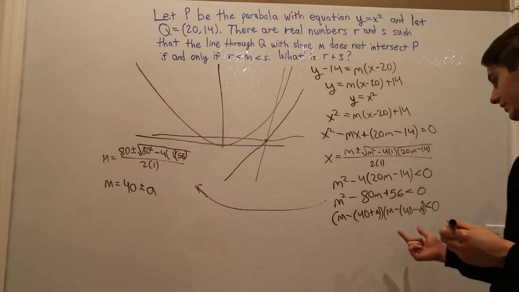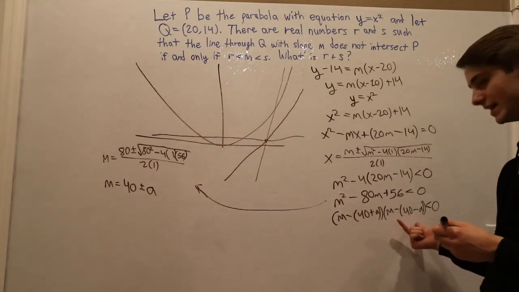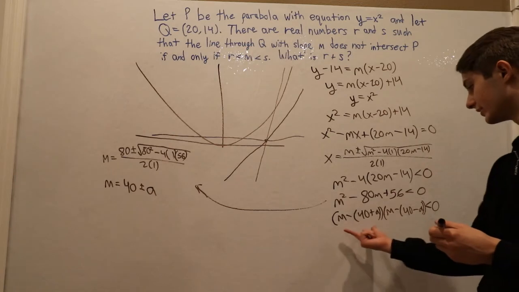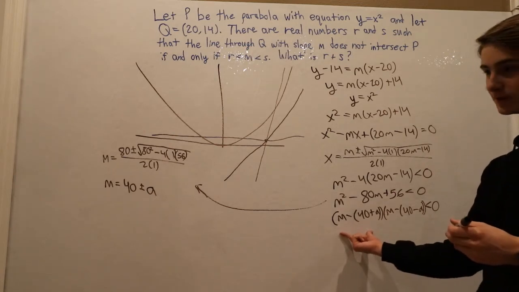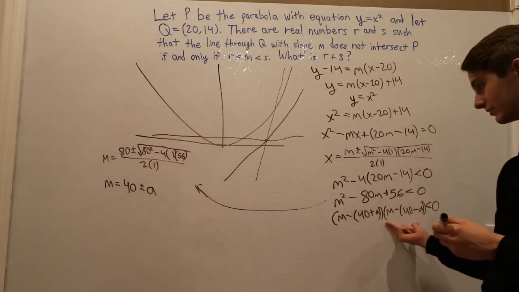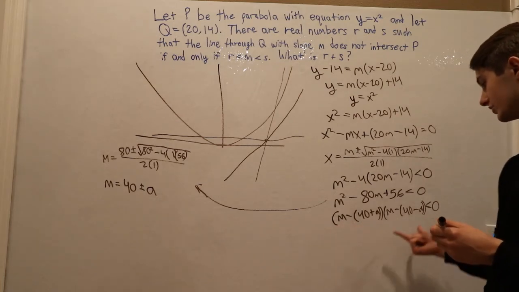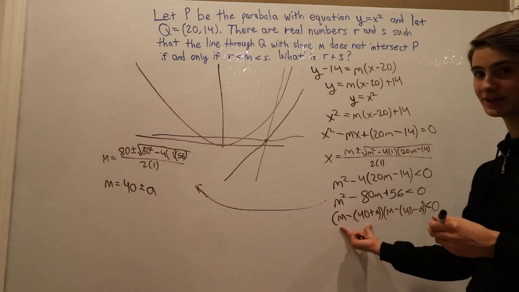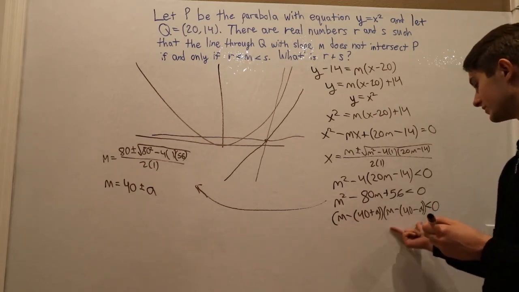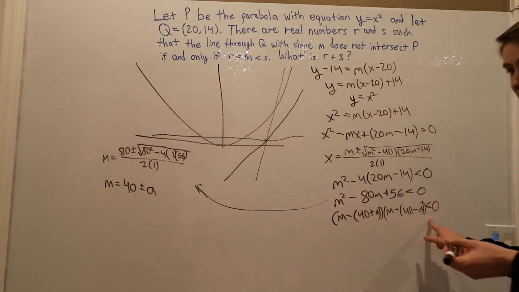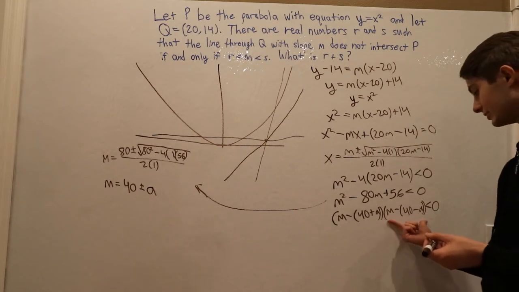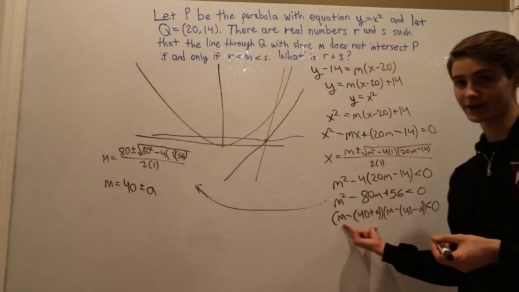And because of that, we know that this part with the plus a is always going to be greater than this part with the minus a. So if this part is negative and it's greater than this part, then this part will also be negative. So if this part's negative, this part will be negative as well. That means that this part can't be negative for this to be less than 0. So this part has to be positive and this part has to be negative.